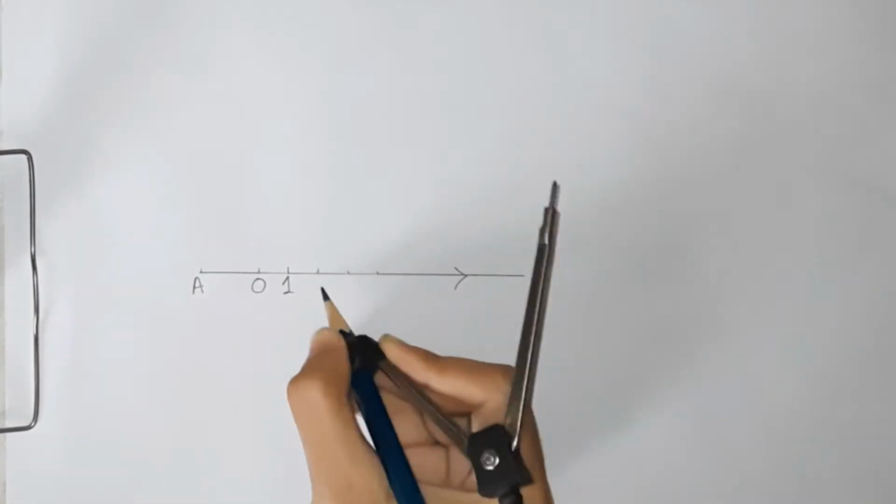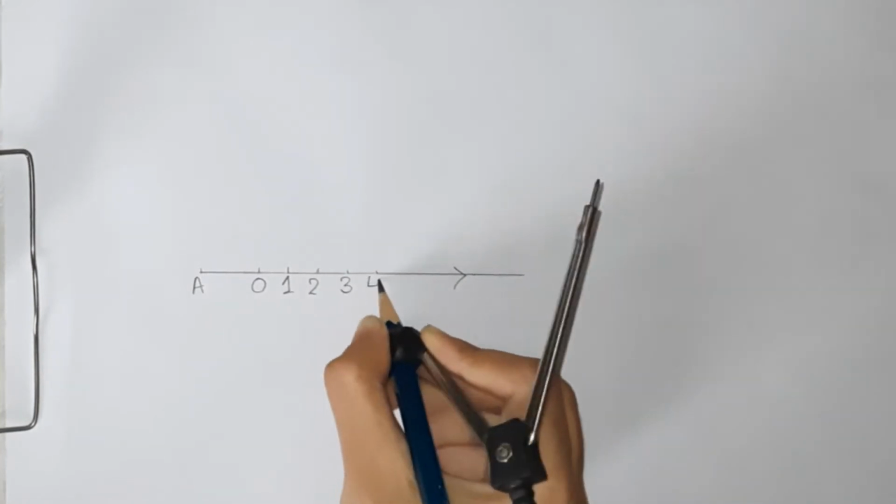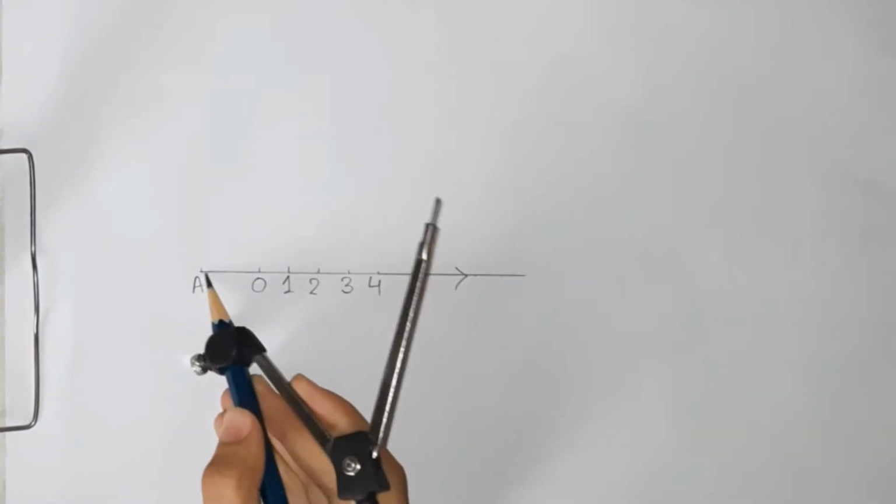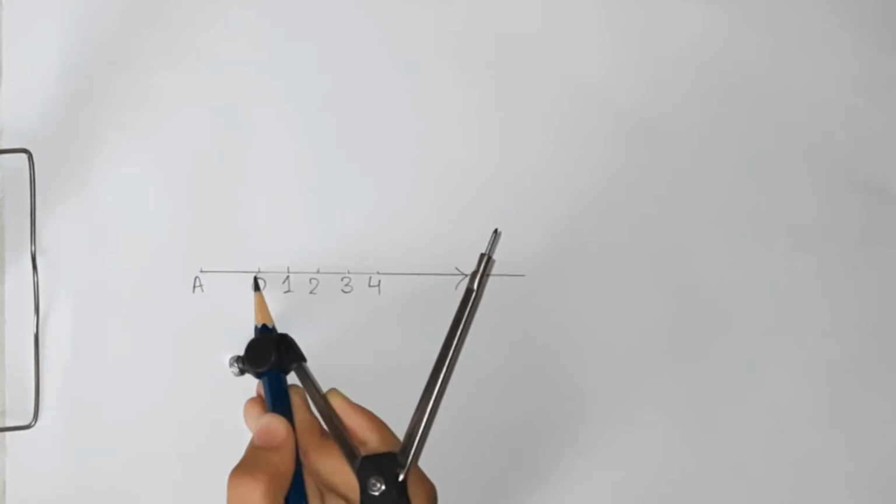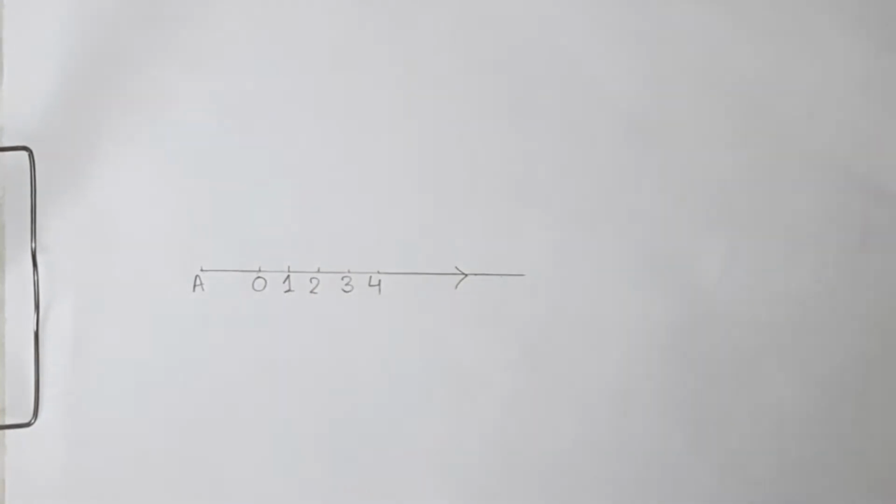We'll write here A, then here 0, 1, 2, 3, 4. So from here to here the distance is 2 centimeter and further on 1 centimeter each.